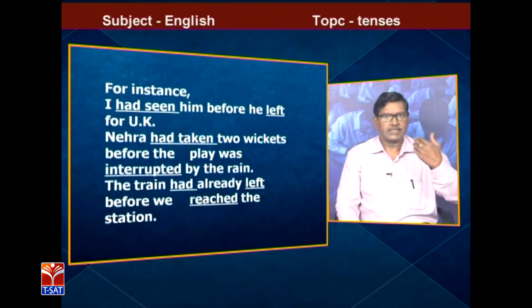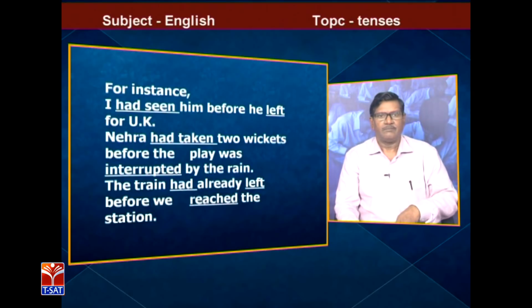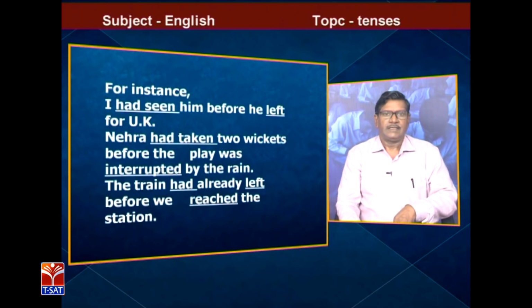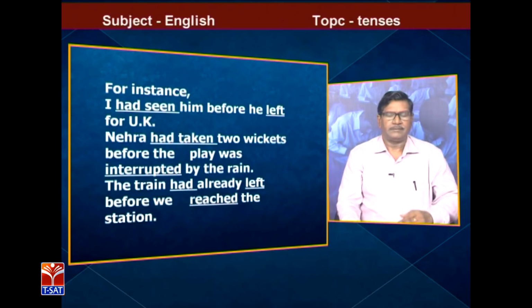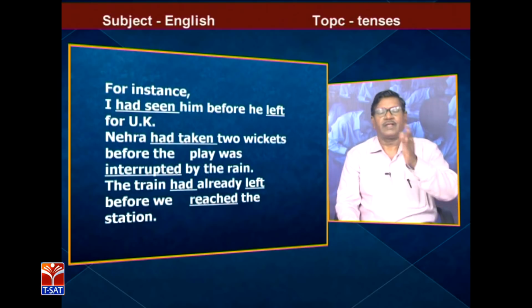And among the two past actions, the earlier action shall be expressed in past perfect tense and the later past event shall be expressed in simple past tense. So, I had seen him before he left. Before he left. His leaving and my seeing him. What happened first? I had seen him before he left.